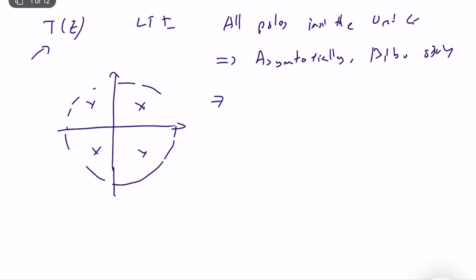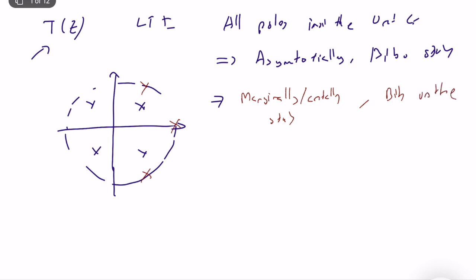If there exist simple non-repeated roots on the unit circle, but all of the other poles are inside the unit circle, for example, in this condition, let's assume that we have a pole here, or two poles here or something like that, then we call it marginally or critically stable. But we know that marginally or critically stable systems are BIBO unstable.